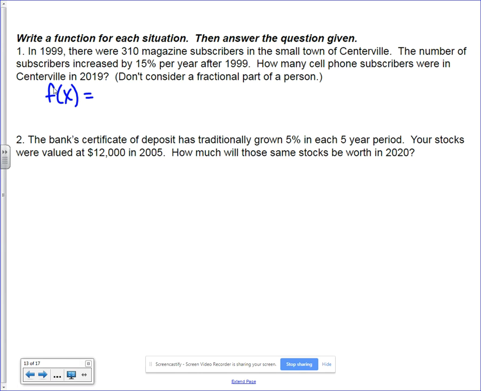Now, do we have a starting number? There are 310 people that started out with this magazine subscription. That's the b right here, that 310. Now for the a, I need to know what happened. Did the number of people go up or down? Up by how much? I'm going to go up by 15%, and I always start at 100%.